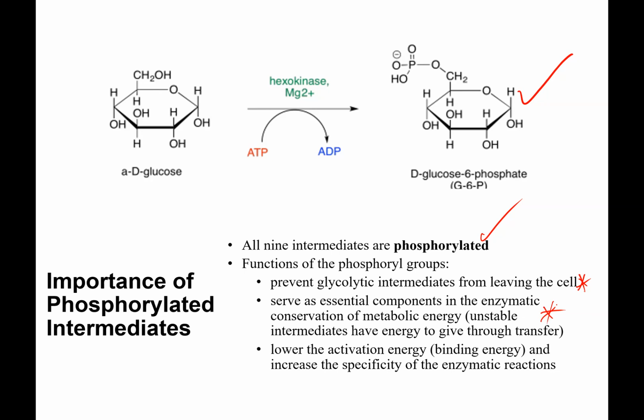And that can be good if we want that compound to react, right? We can't progress through the various reactions that we need without phosphorylation, because the chemistry just wouldn't happen. We need it. And then interestingly, it can also have a catalytic effect. It can lower the activation energy, and it can increase the specificity of the particular enzymatic reaction at hand. So these are some of the things phosphorylation can do and why it's important.